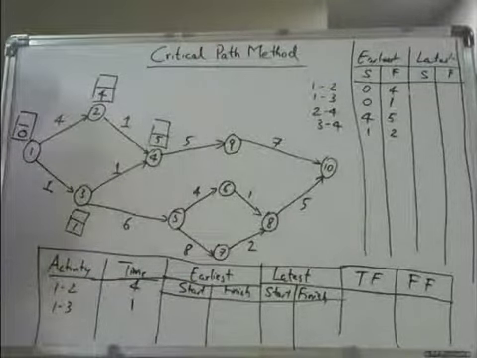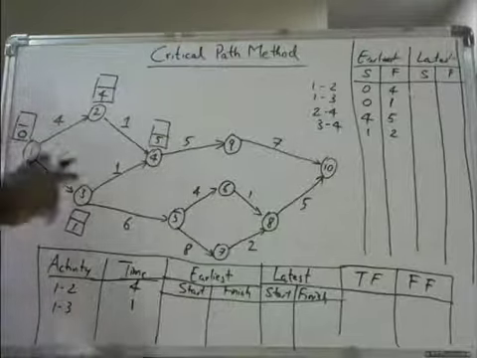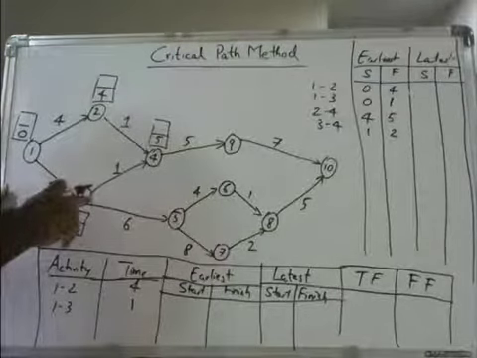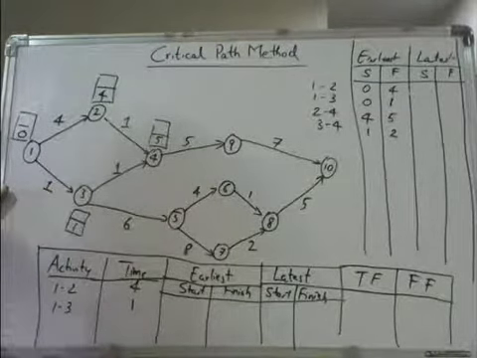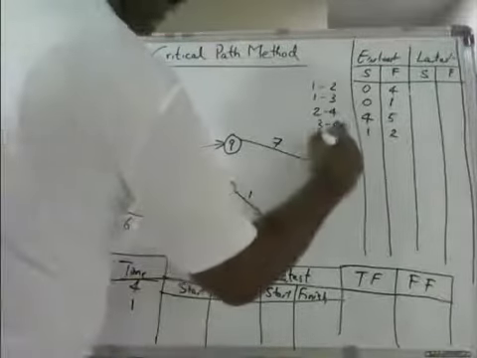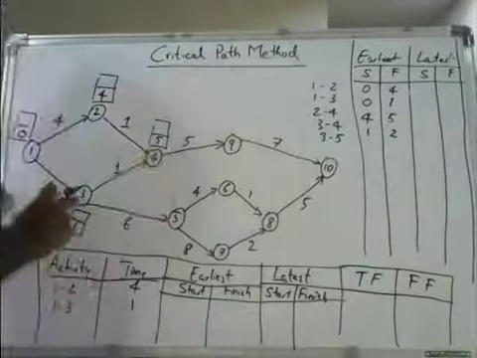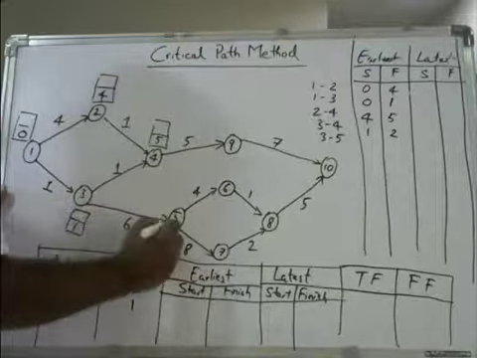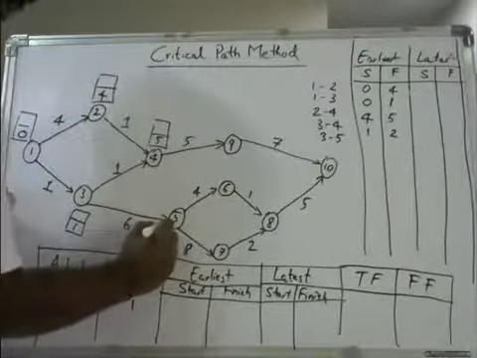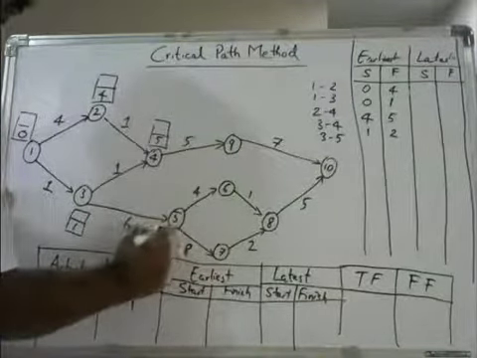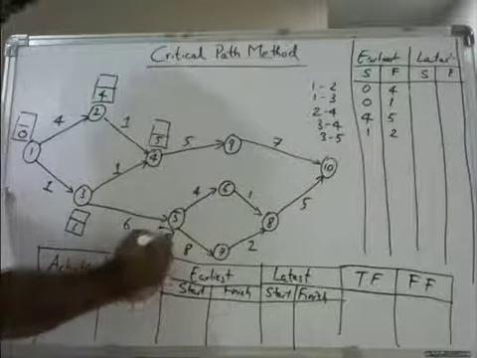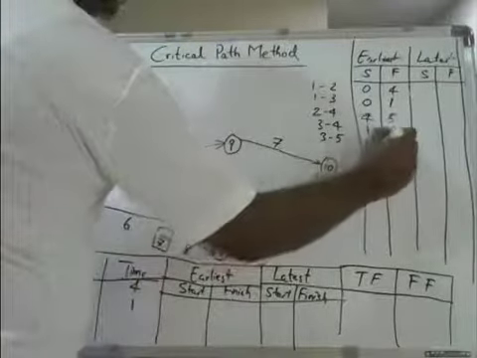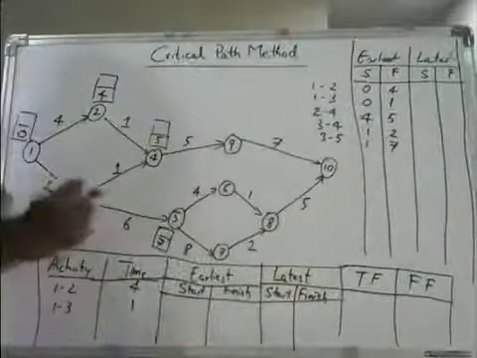So, here it is, then 3 to 4. After 3 to 4, it is 3 to 5. 3 to 5, it is 1 plus 6, and then naturally we will get 7. Starts with 1, ends at 7.